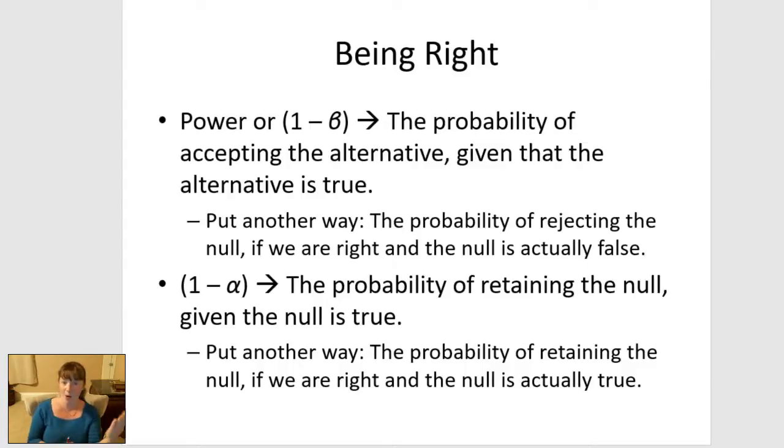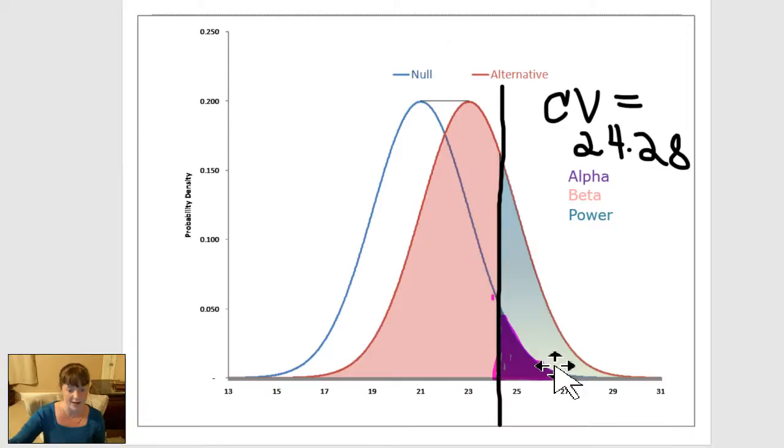And because power and beta are two halves of the same graph, let me show you this graph again, because this is power over here in sort of teal greenish, and this is beta. These are the two halves, they're not equal halves, of the alternative hypothesis sampling distribution.